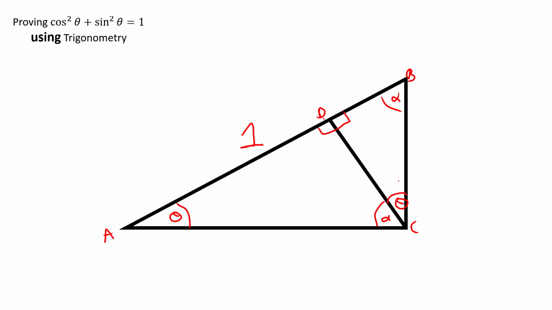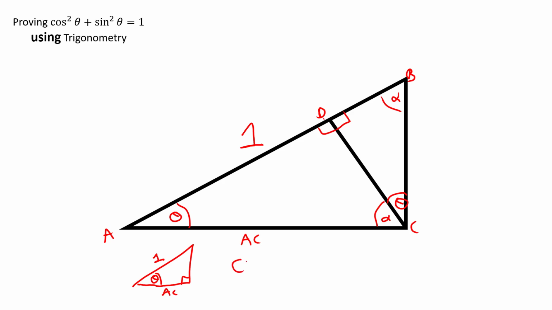Now, once we've done that, we can start using trigonometry. Let's try and find this length here, AC. And we're going to use the triangle ABC to do that. We have that its hypotenuse is 1, and the angle down here in its bottom left is theta, and we want to find AC. So we have an adjacent and a hypotenuse.